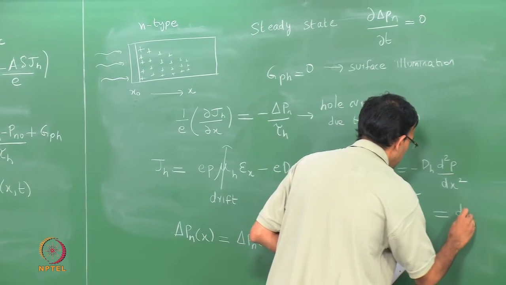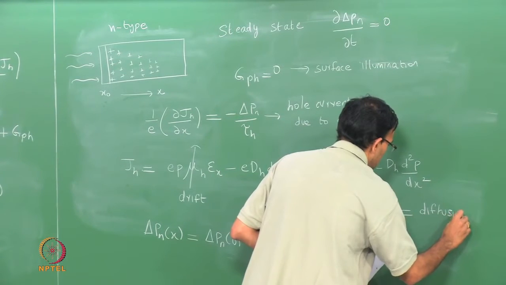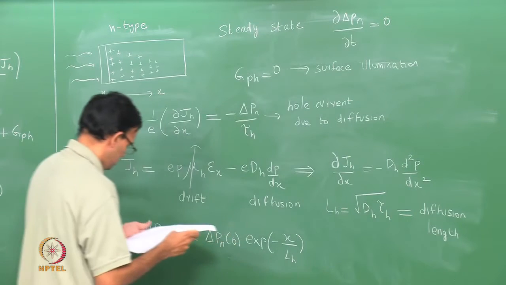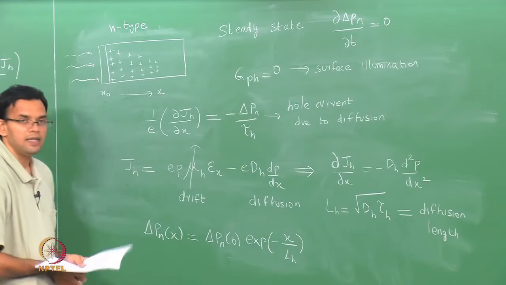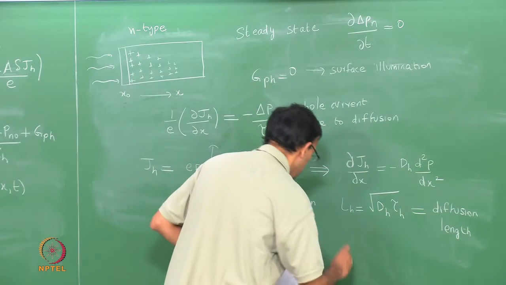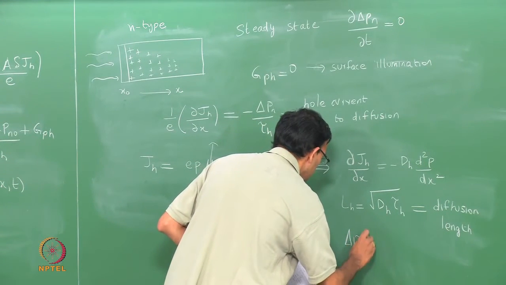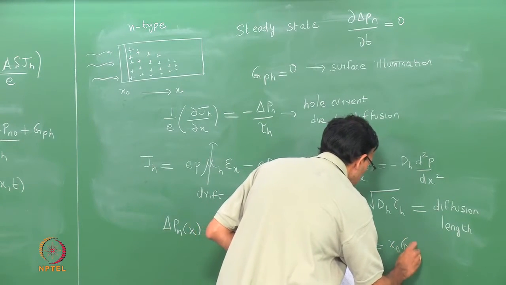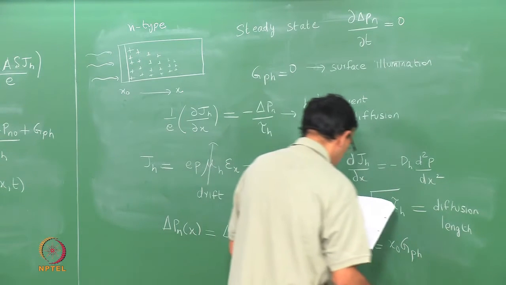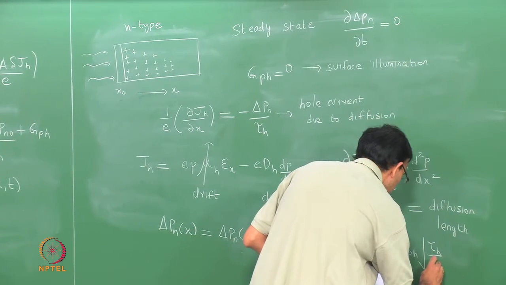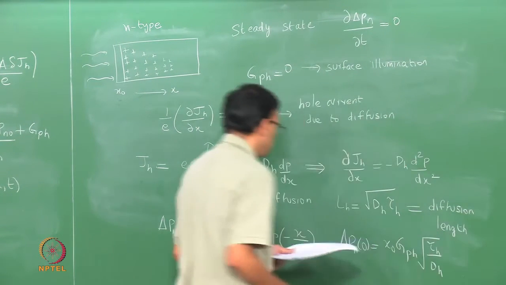So, Lh is the diffusion length. Delta Pn naught, which is the number of carriers generated at the surface, is equal to x naught Gph square root of tau h Dh.